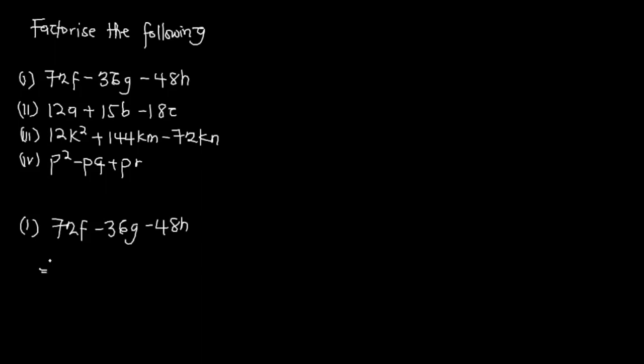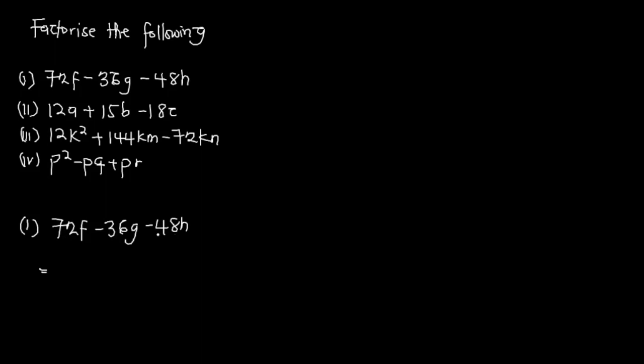Now if you look at all these variables, there is a number that can go exactly into 72. That same number can go into 36, and that number can also go into 48. So we need to find that number. And what is that number? Now, 12 can go into 72, it can go into 36, it can also go into 48.